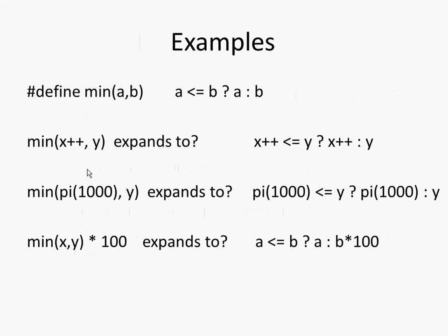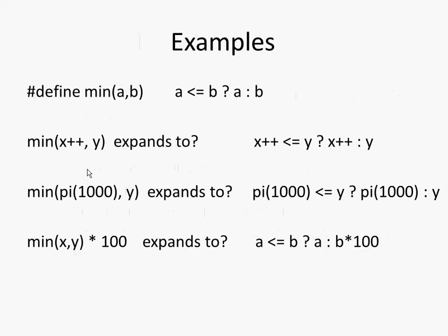So here we have min. You may have wondered why I put all those extra parentheses in here. In fact, I should put more. I should put parentheses around A and B to be really consistent and careful. So why do I do that? Well, suppose we define min of A and B to be that expression up there.